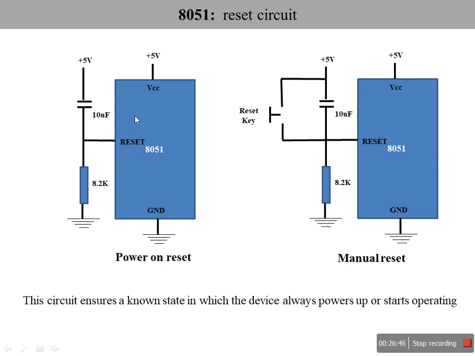When I say reset, I said whenever you give power supply here, it starts executing from the reset value, reset locations. So what do you mean by reset locations, reset values? When anyone manufactures a microprocessor or a microcontroller, the internal registers, internal SFRs, all those registers will be decided by the manufacturer to have some reset values, some known values in the beginning.